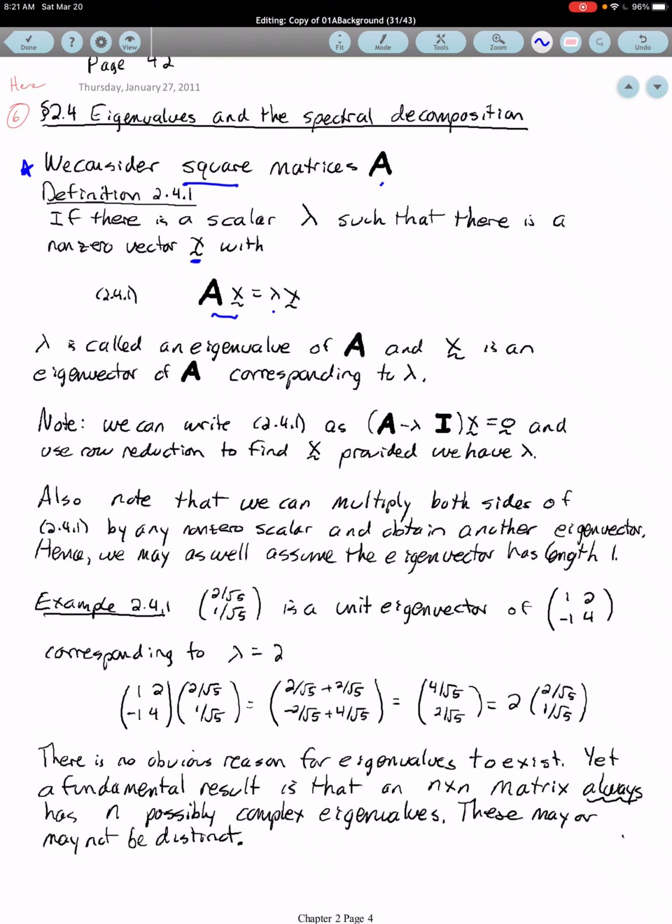So we say such a vector x that has this property is an eigenvector, and lambda is the corresponding eigenvalue.